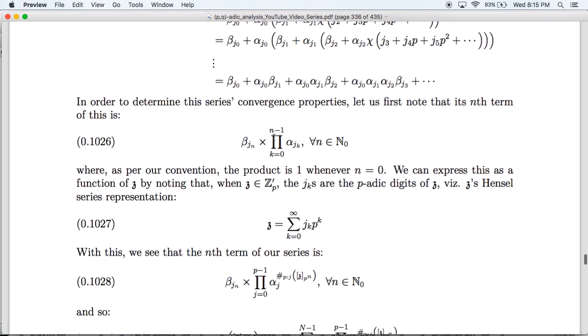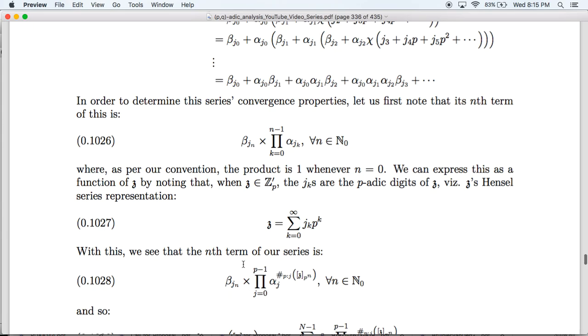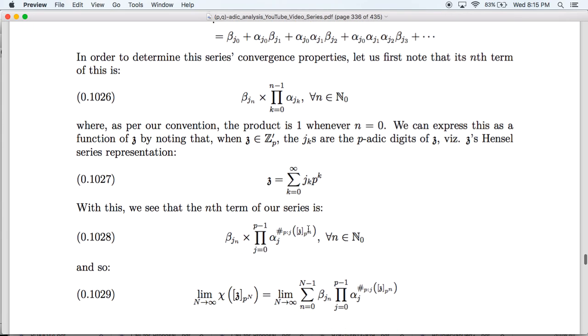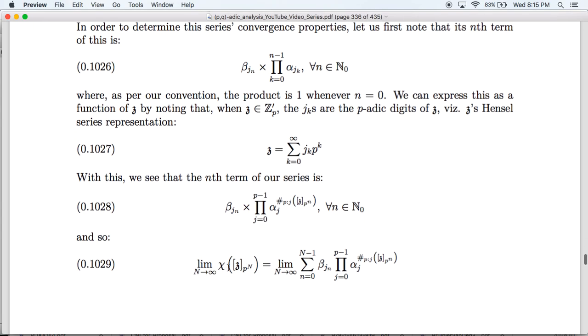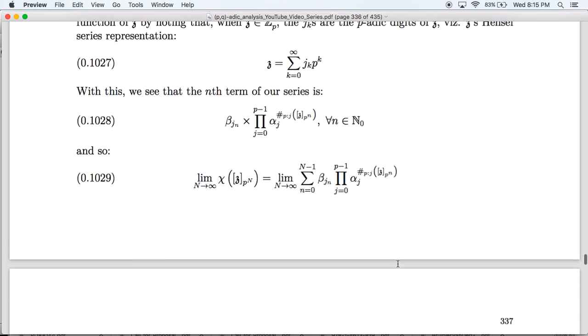And so we get that this is precisely equal to this when we make the identification that z is the p-adic integer whose p-adic digit sequence are the chosen jk's. And so, voila, we have that the limit as n approaches infinity of chi of z mod p to the n is the limit as n approaches infinity of the sum from n equals 0 to n minus 1 of beta jn times this product.